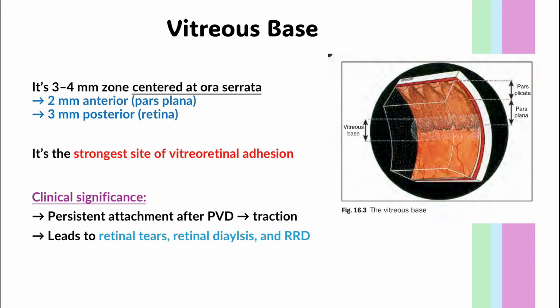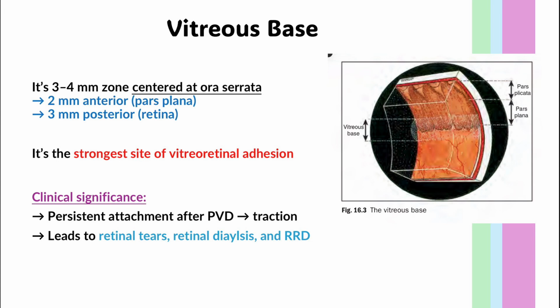Now, because of this strong attachment, this area is highly prone to vitreoretinal traction because, as you know, even following PVD, the posterior hyaloid face will remain attached at the vitreous base, and this creates traction and might cause breaks to develop, particularly near the posterior border of the vitreous base.